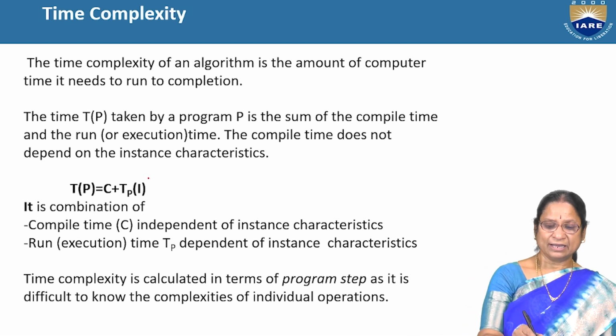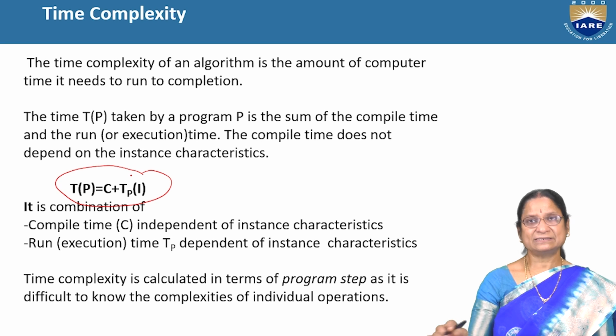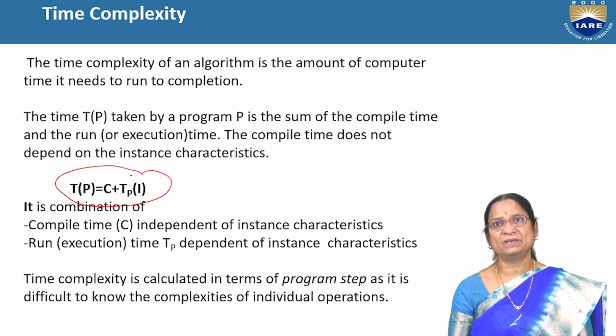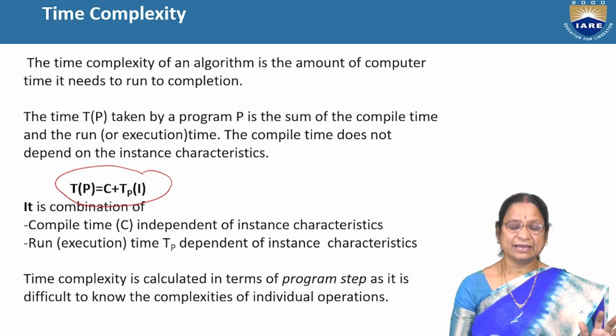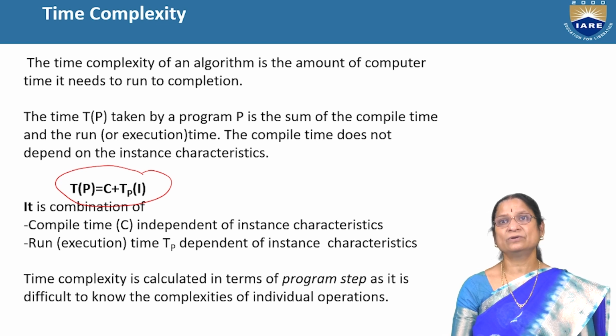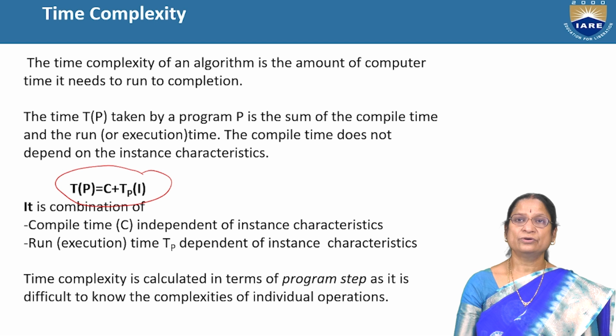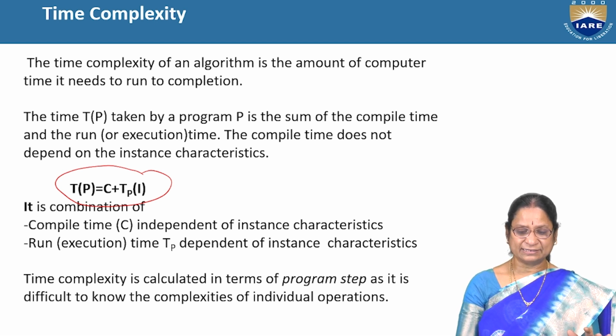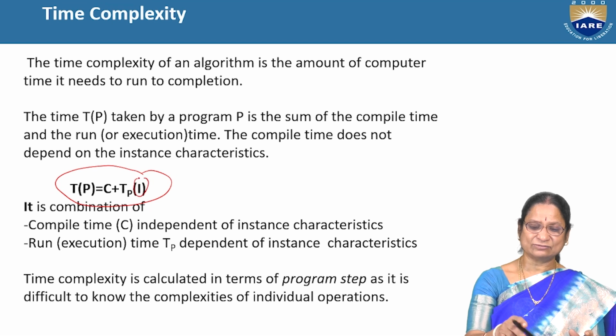So we will consider our time complexity as C plus TP of I, where C is independent of the instance characteristics, that is, the constant time taken to compile your program, and TP of I depends upon I, the instance of input.